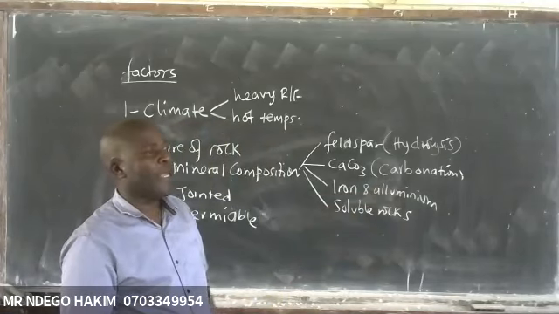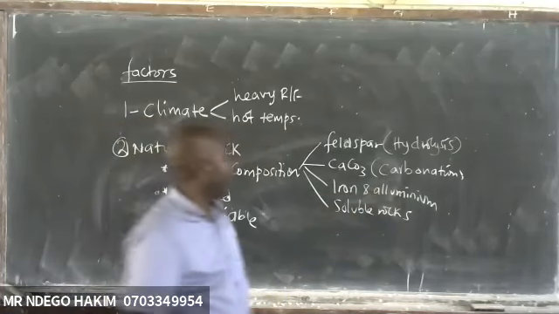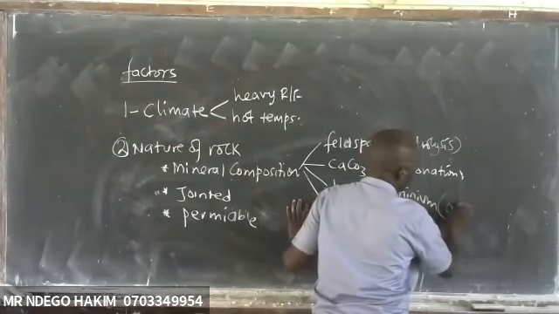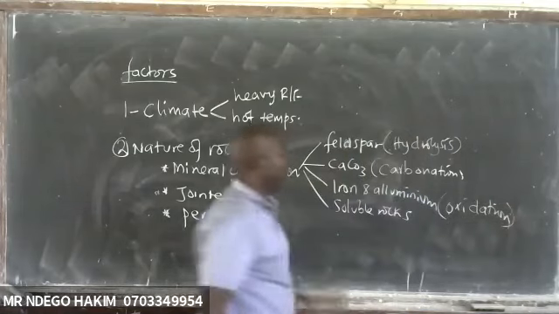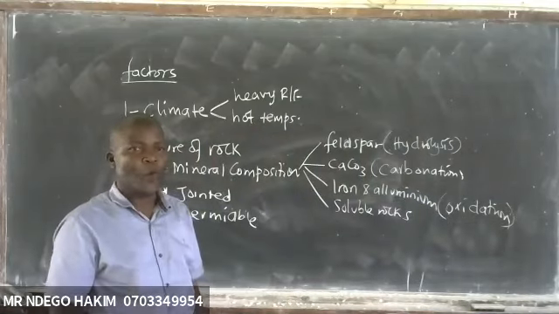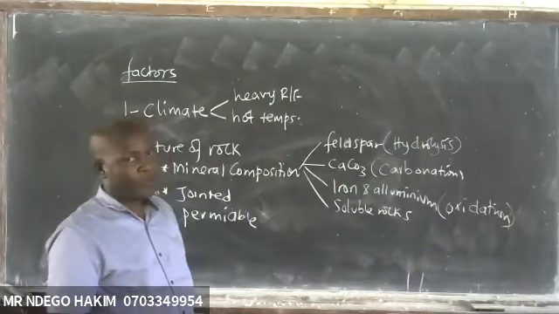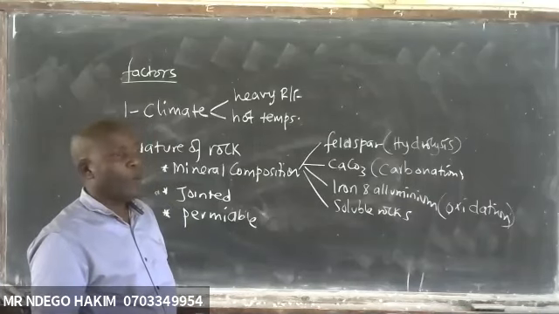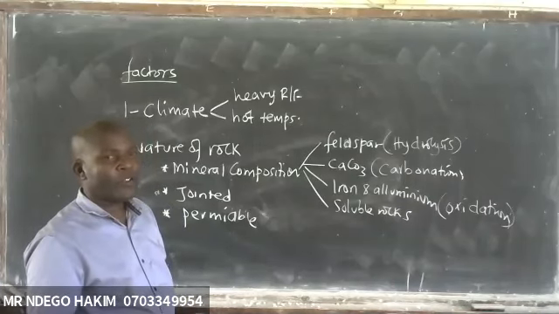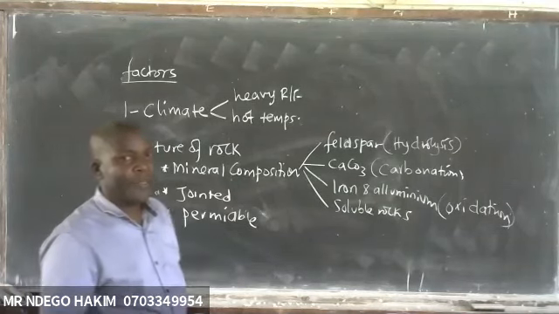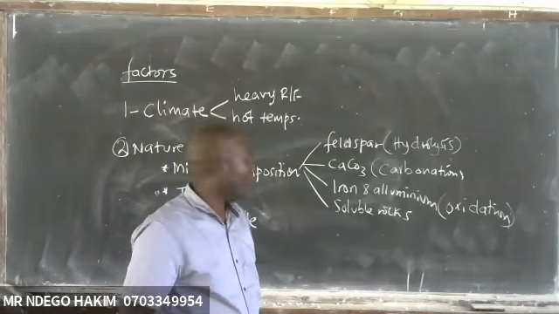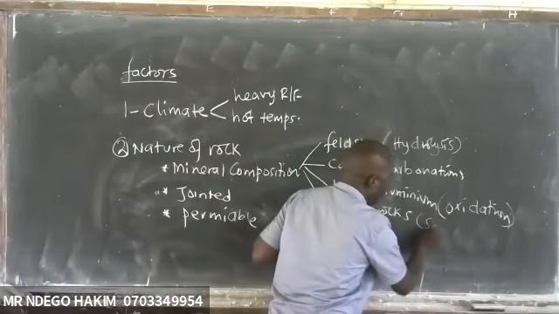Then those which have iron can easily be weathered through the oxidation process. While soluble rocks, like rock salt, can easily be dissolved through the process of solution.